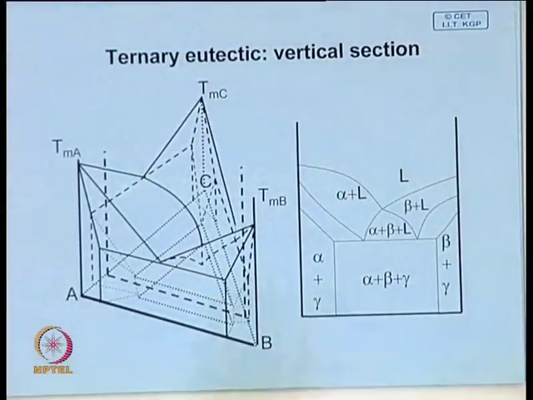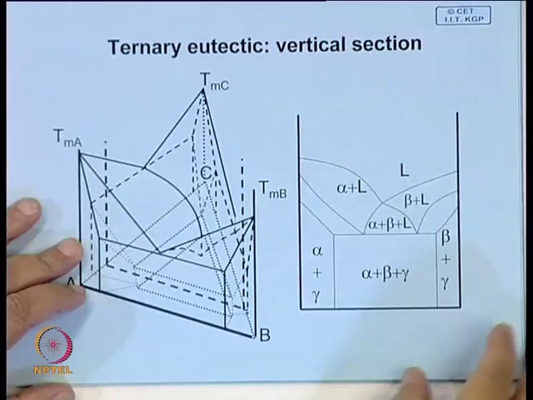Now, let us try to understand how we can draw a vertical section. For that, it is necessary to visualize the nature of the 3-phase region between the binary eutectic and the ternary eutectic, and we will see it in the next 2 diagrams.